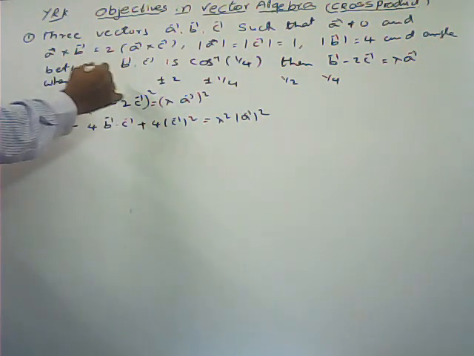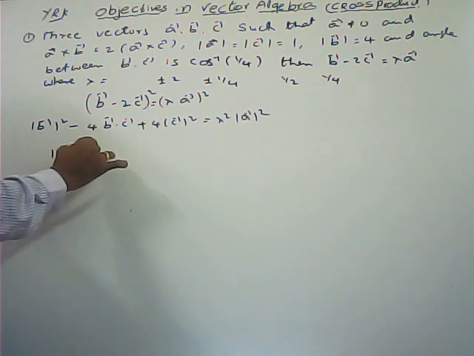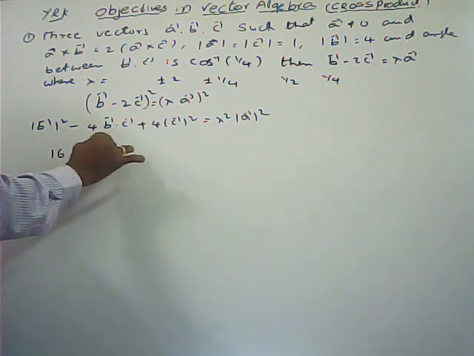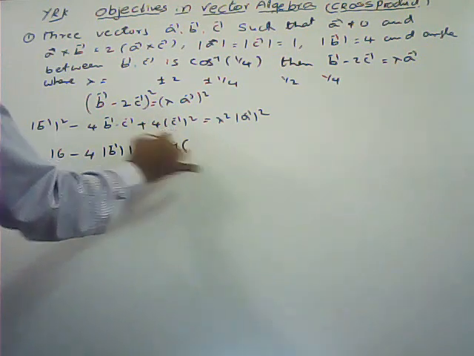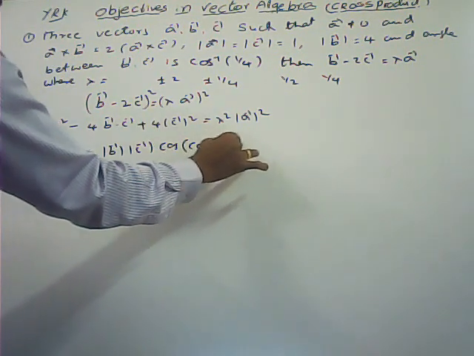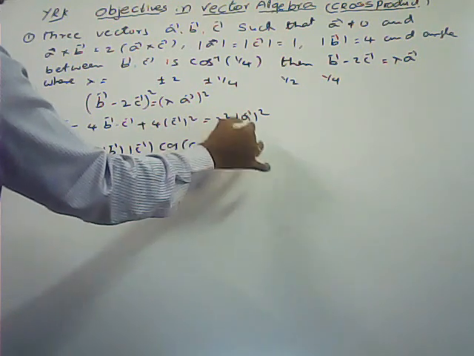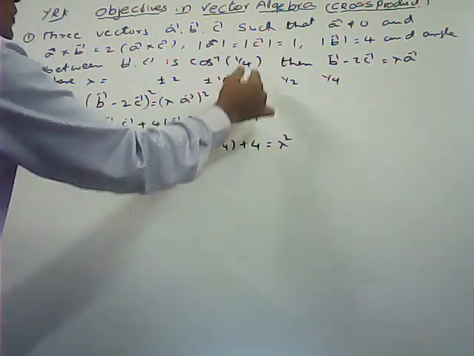Modulus of B bar, that is 4, is given, so this is 16, minus 4 into modulus of B bar modulus of C bar cos of angle between B bar and C bar, cos inverse 1 by 4 is given, plus 4 into modulus of C bar square, that is 1, is equal to lambda square modulus of A bar square, that is 1 only.